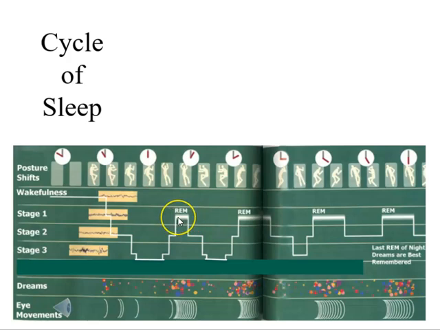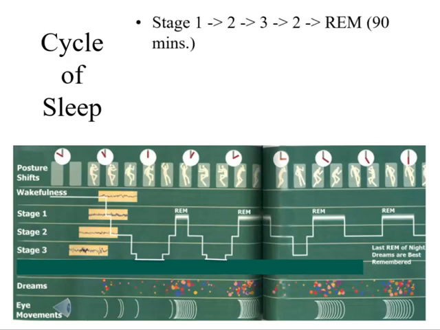So a lot of times we like to say it goes 1, 2, 3, 4, REM. Not the case. 1, 2, 3, 4, 3, 2, REM. Does that make sense? This is considered a cycle. Approximately 90 minutes. In our perfect world, we're going to talk about how perfect this cycle is, or lack thereof. So 1, 2, 3, 4, 3, 2, REM takes approximately 90 minutes for one cycle.